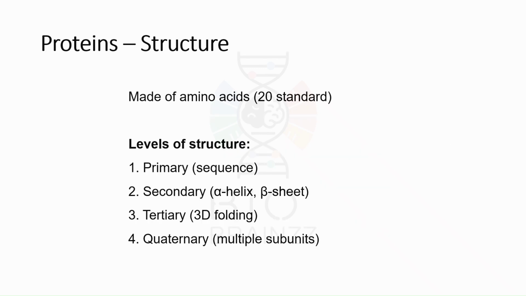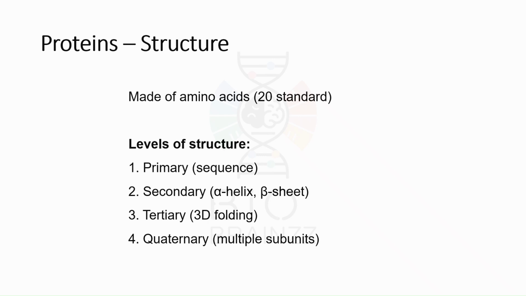Proteins structure. Proteins are made up of amino acids, and there are 20 standard amino acids that combine in different sequences to form proteins. The sequence of amino acids determines the final structure and function of the protein. There are four levels of protein structure: primary, secondary, tertiary, and quaternary.